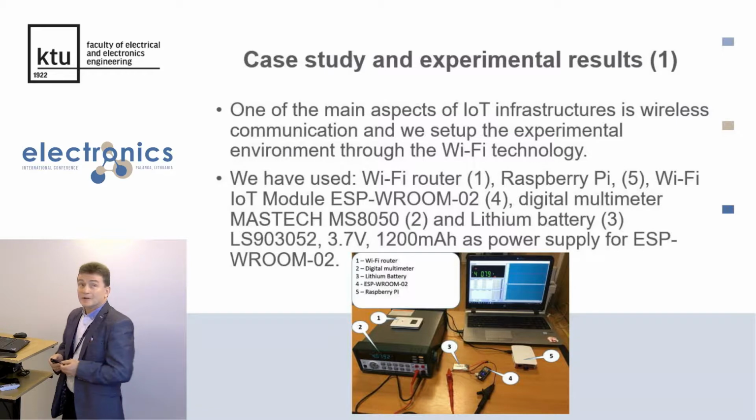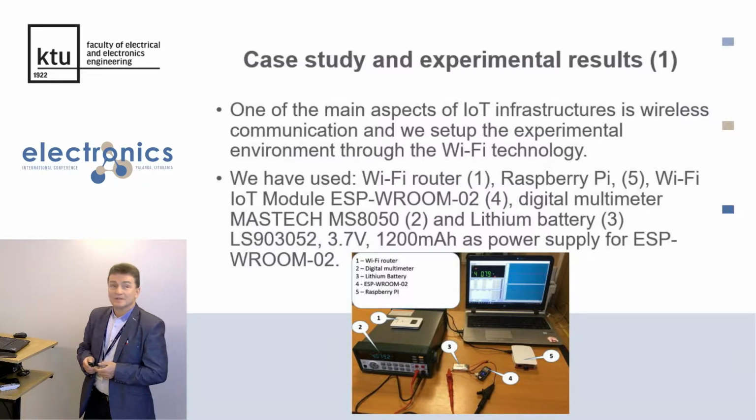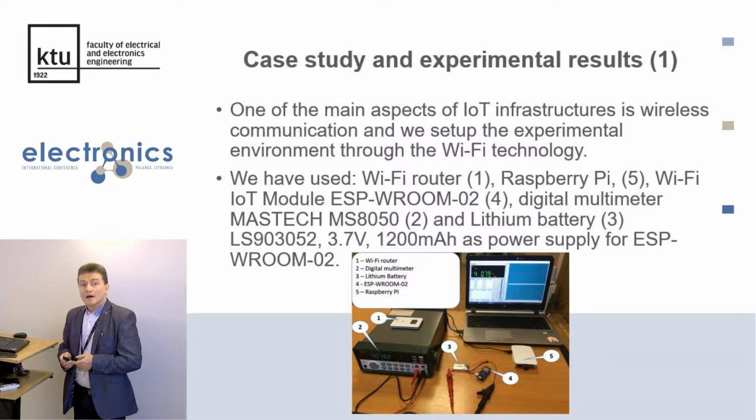Now about our case study and experimental results. We used a Wi-Fi router, Raspberry Pi, an Internet of Things ESP module, a digital multimeter, and a lithium battery as power supply for the ESP module.